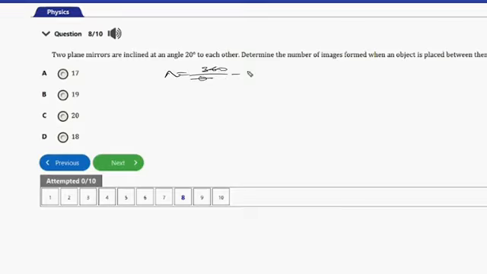So guys, where theta is 20 degrees here, and we're going to solve that n is equal to 360 over 20, all minus 1. So guys, 360 over 20 is equal to 18, and 18 minus 1 is 17. So option A is the answer to this question. Let's go ahead and consider the next question, guys.